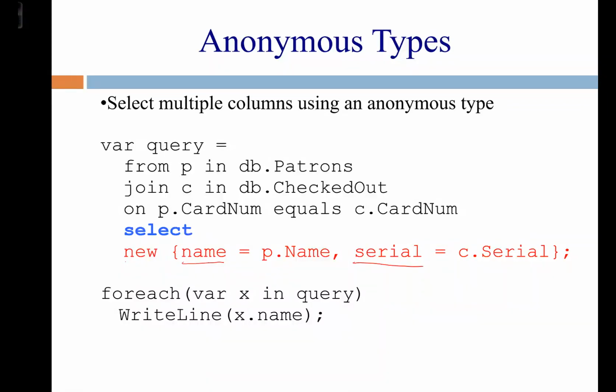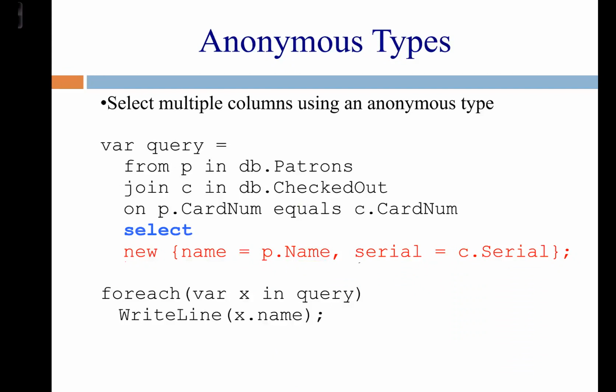If I left those out, and if I just said select p.name and c.serial, then the names of the fields would be Name, capital N, and Serial, capital S. But one of the great things about anonymous types is it lets us name the fields, or rename the fields, if we decide we want to change them.